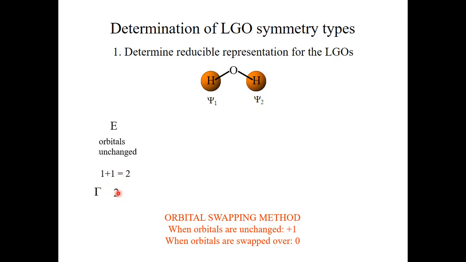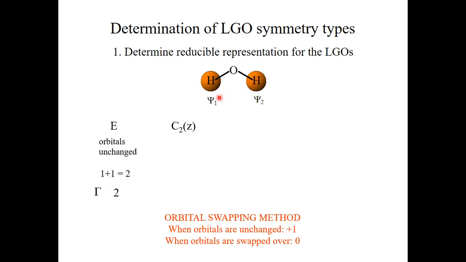Then we go from the identity to the C2 operation. We again determine, as we carry out the C2 operation, do the psi1 and psi2 wave functions get swapped or not? In this case, they are getting swapped.